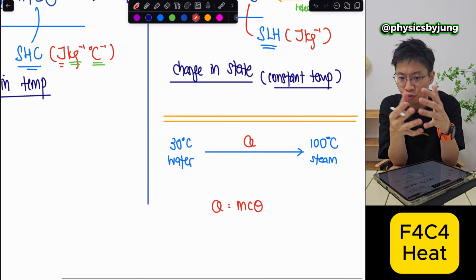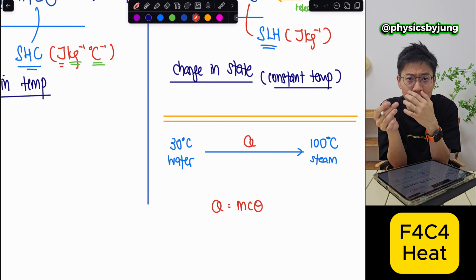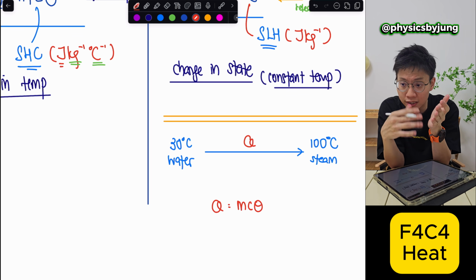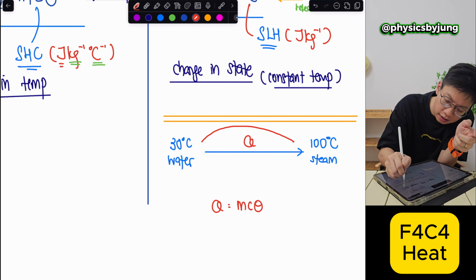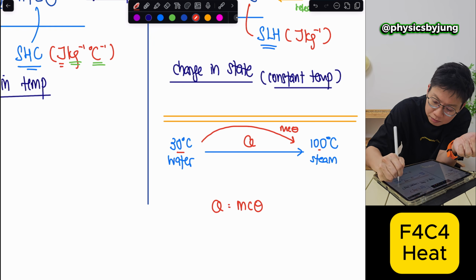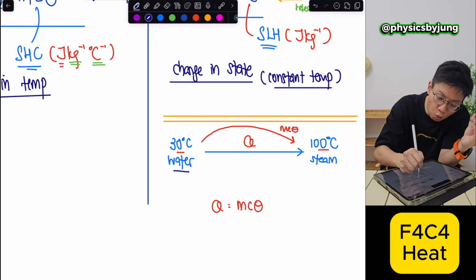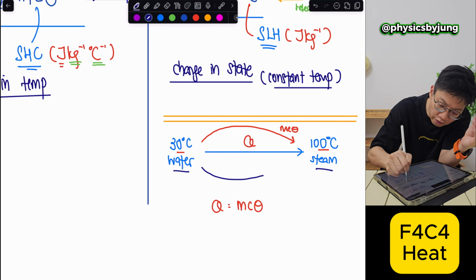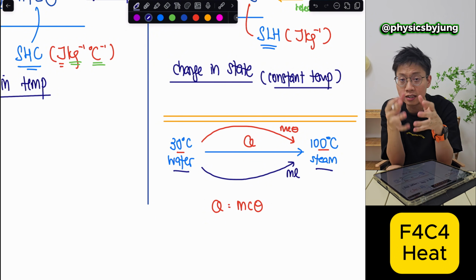I have students who texted me, teacher, why I do like this, I cannot get the answer. So every single time when you do this conversion, the heat change and everything, always check. This is a change in temperature, correct? So this is mc theta, from 30 become 100. But at the same time, you also have water to steam. So when you have water to steam, there is another ml that is involved.